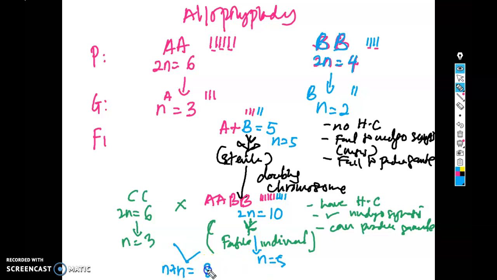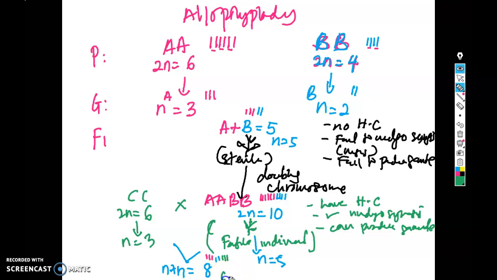so equal to 8. But this individual with 8 is considered to have no homologous chromosomes, because they have 1, 2, 3, and then 1, 2, 3. All of these have no homologous chromosomes, so they fail to undergo synapsis and fail to produce gametes.